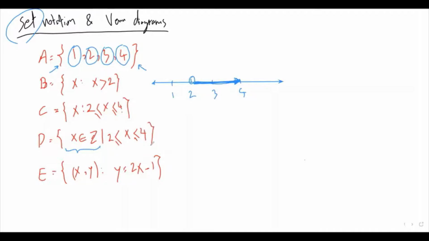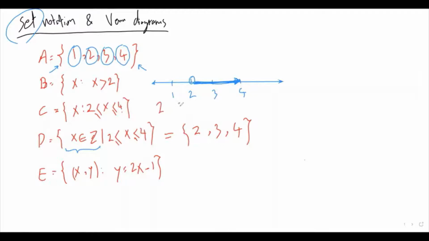So it should be from integers, meaning if I list it, I get nothing but 2, 3, and 4, right?